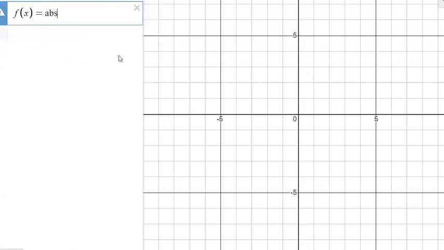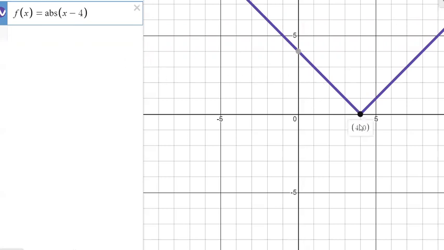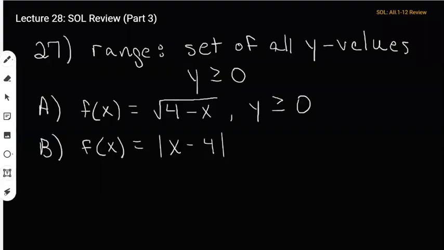I'm going to use the ABS. And when I do that, I get a V-shaped graph. Notice that the y values are going to start down here at 0, and then they're going to go upwards from there. So this is going to be y is greater than or equal to 0.